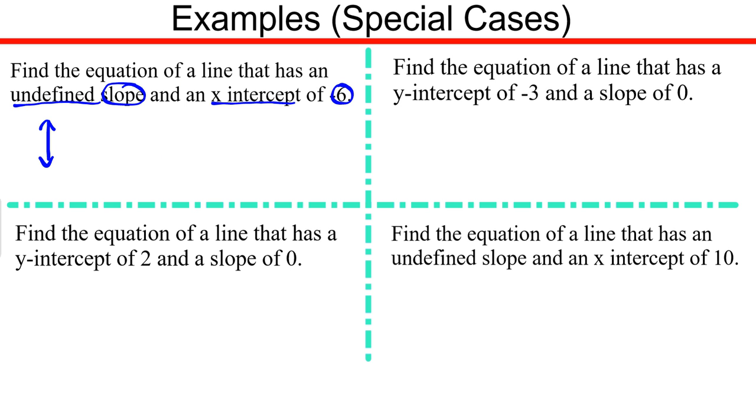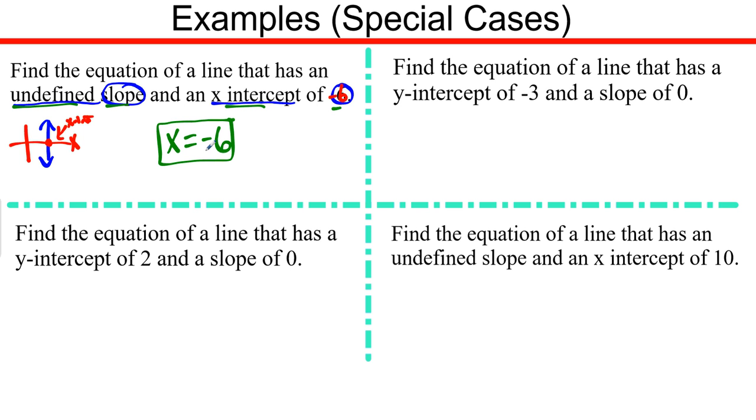If it's a vertical line, it also hits our x-axis, and that point is the x-intercept, which here is -6. So for this one, we're just going to have x equals -6, because it's an undefined slope and we are only given our x-intercept.